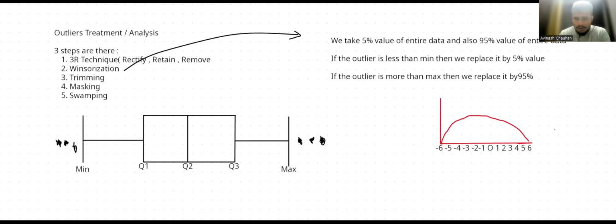When we draw the line, each line from here, from here, from here, we discussed this in the standard scaling topic.